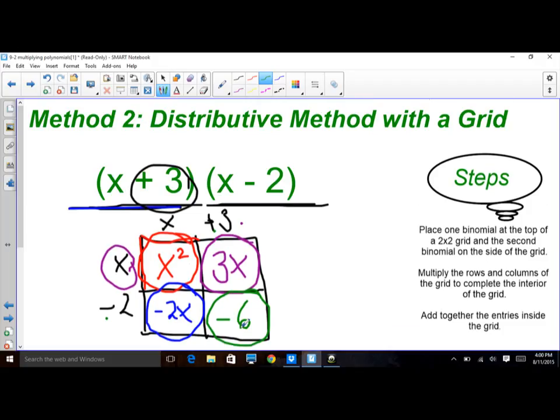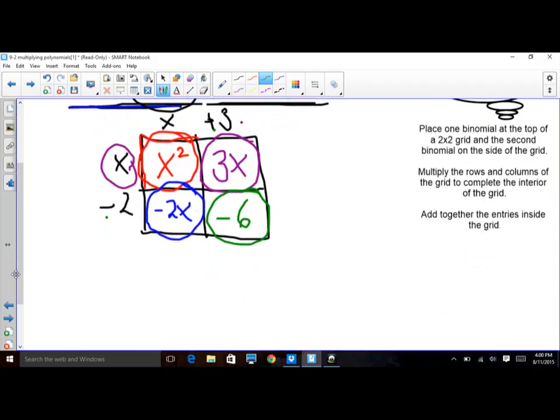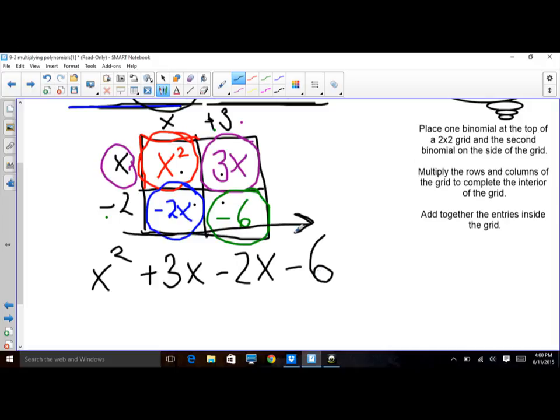Now, I notice a lot of people do like this method, but you have to remember once you take it from this point, you have to take it outside of the grid. So now I'm going to take each of these 4 terms and I'm going to write them in a line. x squared plus 3x minus 2x minus 6. Notice that I'm writing them in descending order from biggest power to smallest power, and that's how you should always write a polynomial.